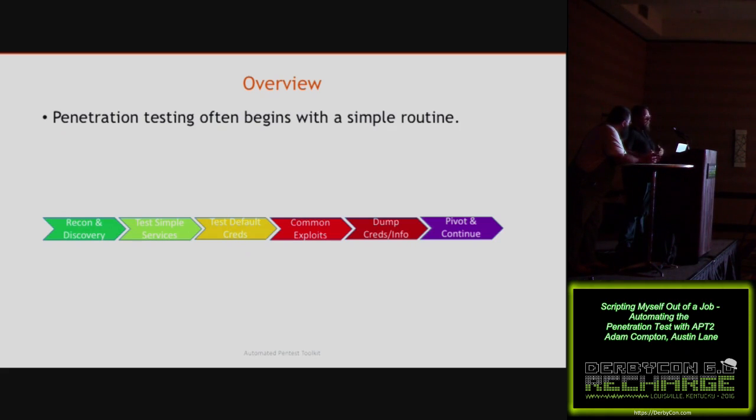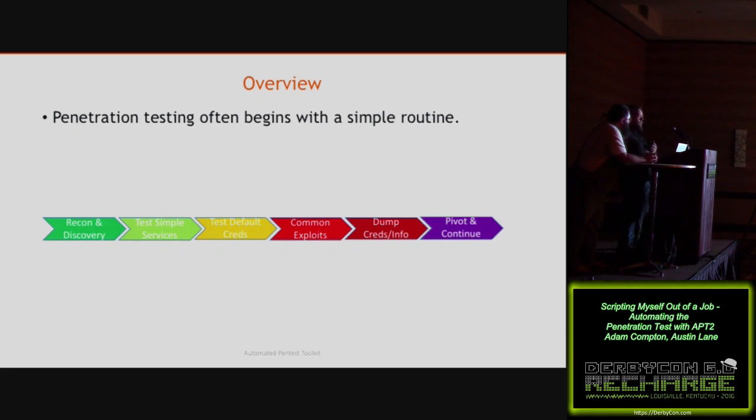Default creds, running lists, going through appliances that have admin. You move to common exploits, like MS08-067, that get you access to a machine. Once you get access, you start dumping creds and info, using Mimikatz or something like that, and then use that as a pivot to get further access into the network.